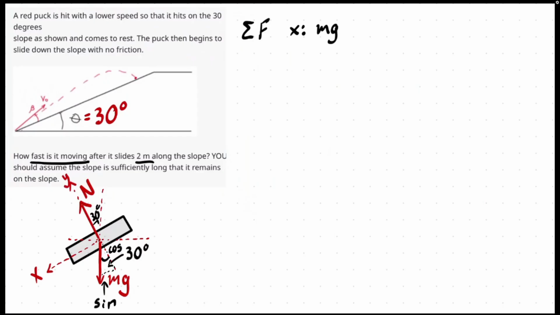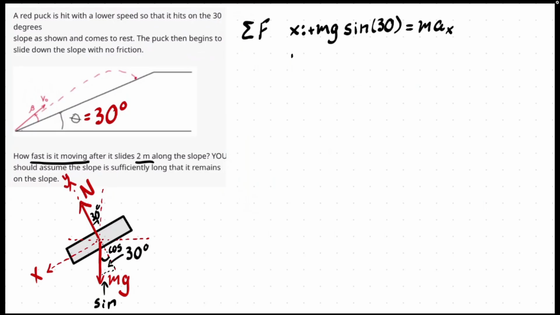So is the x on the sine or the cosine? Which line is it parallel to? It's parallel to the sine, so this is going to be mg sine of 30, right? And then that's the only force in the x direction, so that's a positive number, right? It's with the x, and that's going to be equal to our mass times our acceleration in the x.